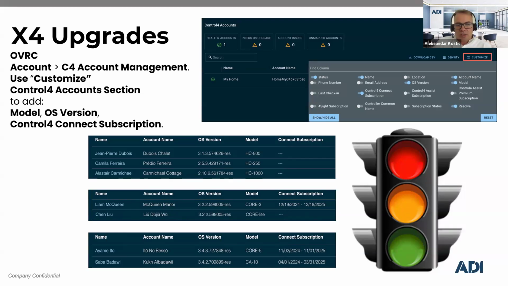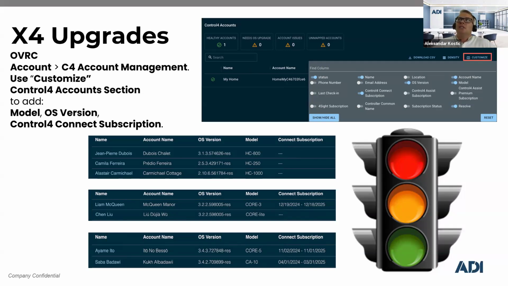That includes also the status of all of your user accounts which you created from OvrC. So the overview and statuses of your user accounts are now much better, and you get more information than you had previously in my.control4.